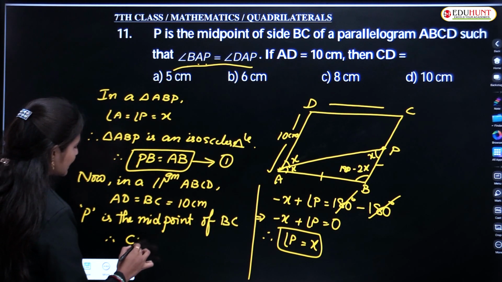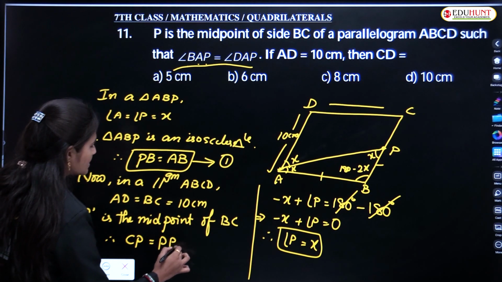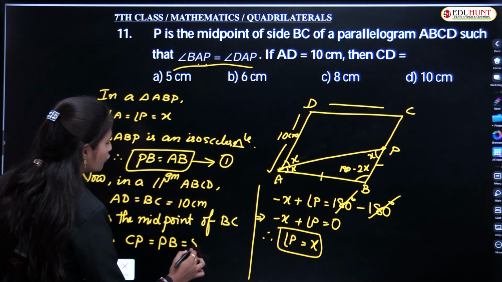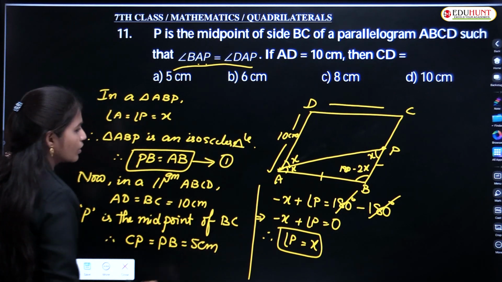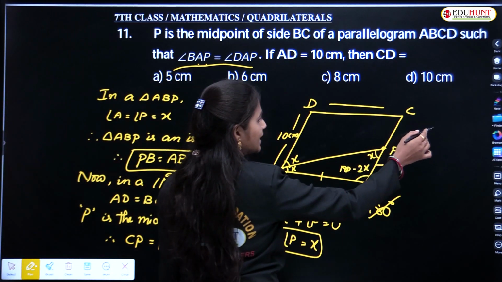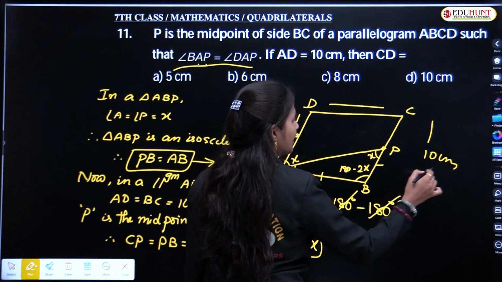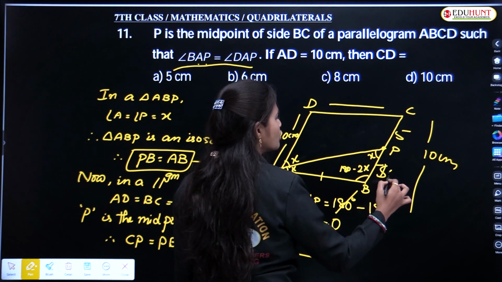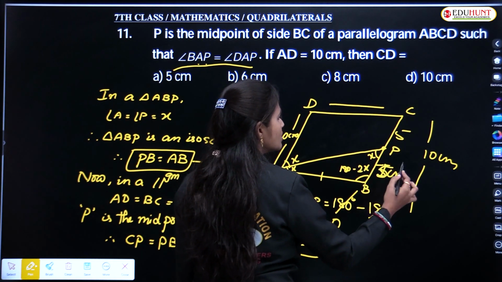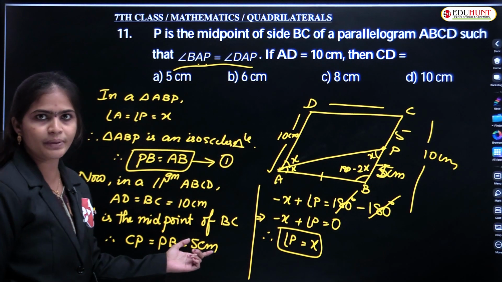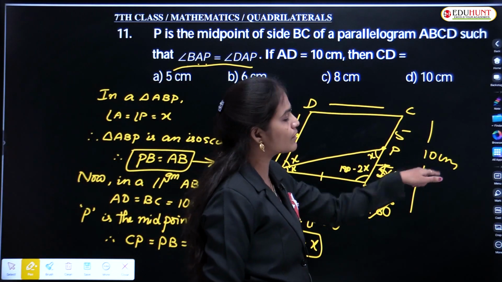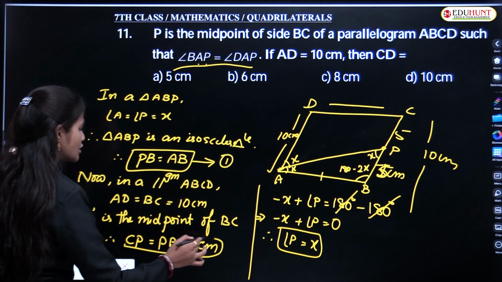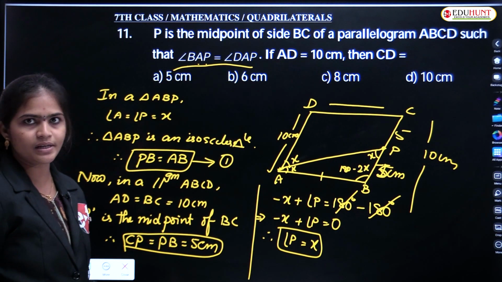Therefore, CP is equal to PB is equal to 5 centimeters. Why? Because BC is 10 centimeters in total, and CP is equal to PB, so 5 plus 5 is 10 centimeters.